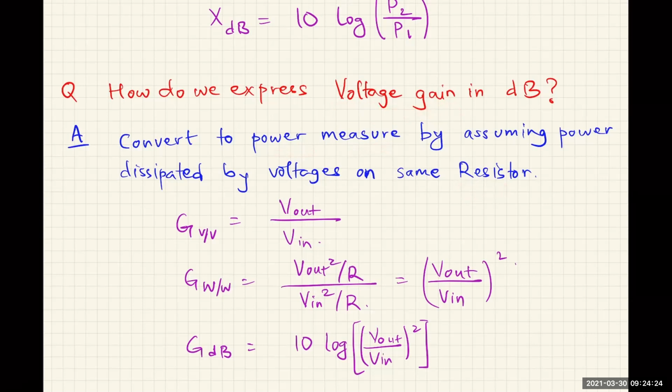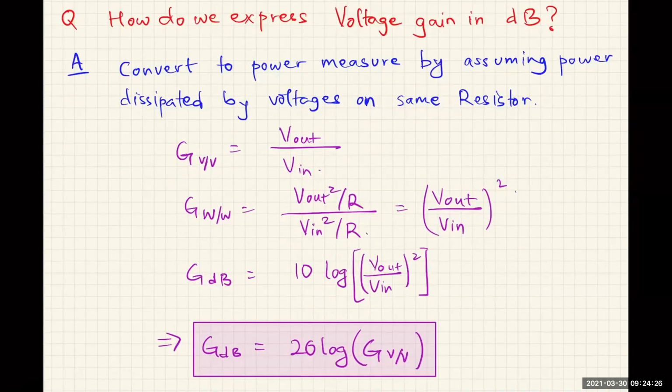Okay. So what I mean by that is if you have a voltage gain, GV, V out over Vin, then you first consider the power gain, power ratio due to the two voltages across the same resistor. Right? So that will give you V out squared over R divided by Vin squared over R, and you end up with V out over Vin whole squared.